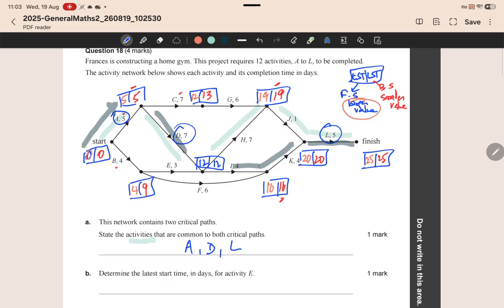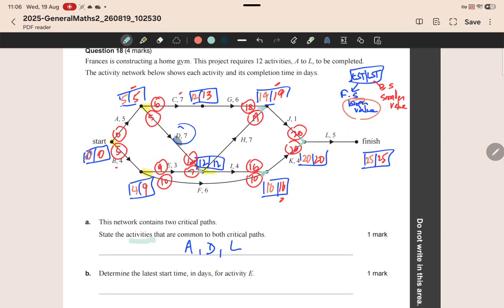Determine the latest start time for activity E. Now, the earliest start time for activity E is 4 weeks. Now, the latest start time is, I usually look at the value that I got along that edge when I did a backward scan, which is 9 days.